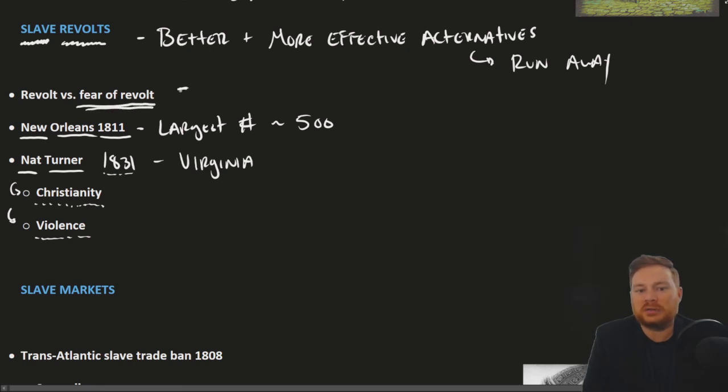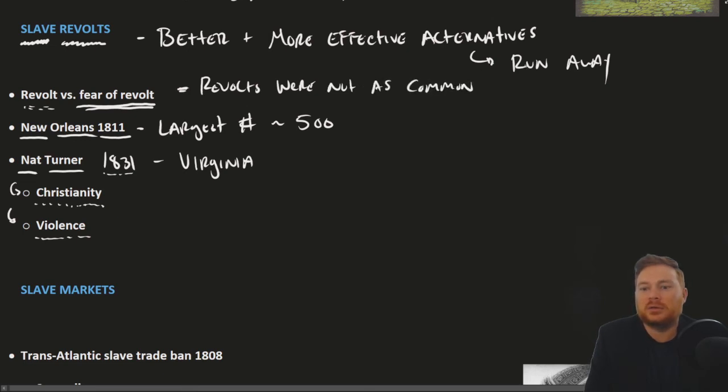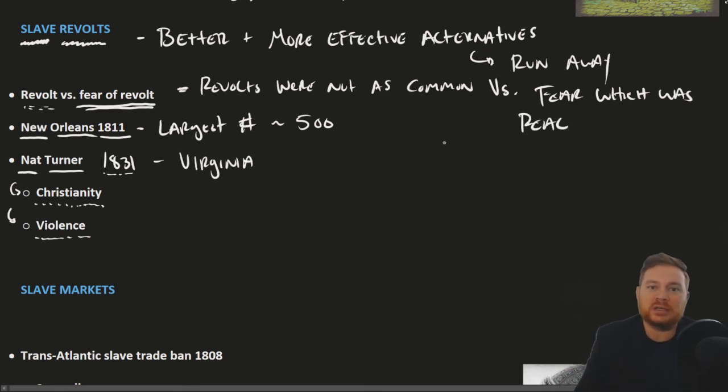And this is really the impact that violent slave revolts have in the United States. The reality is that revolts were not as common as the fear, which was very much real. So there was a much larger fear or anxiety about violent slave uprisings than there were actual revolts that took place.